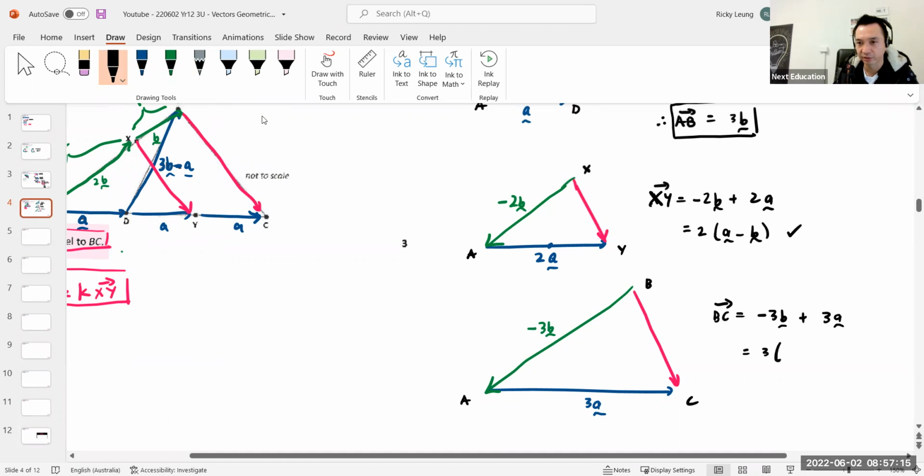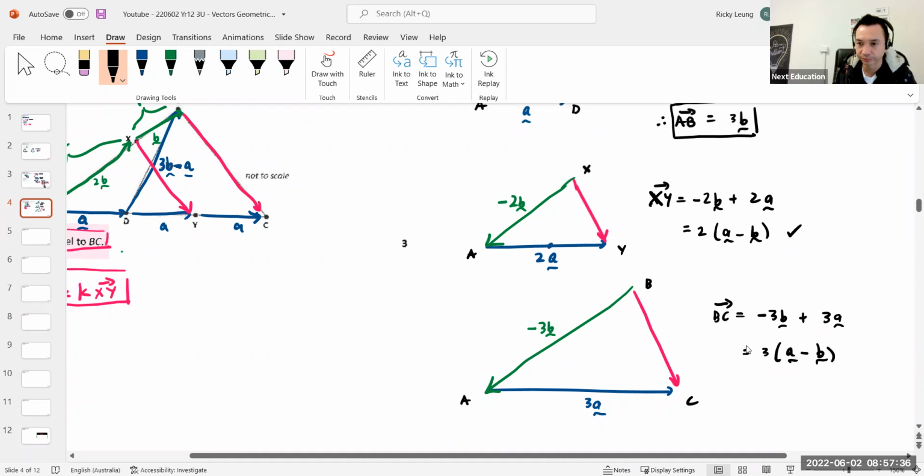Factorize the 3 out. Sorry, I was a bit naughty. I should really put the line BC equals to. I didn't do that first. I was going to say BC equals BA plus AC. Let's move on. I'm sure your teacher will forgive you.